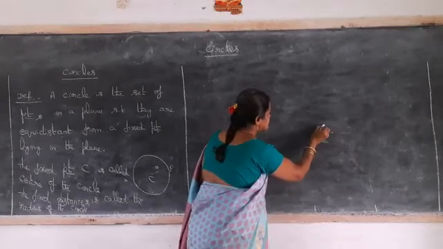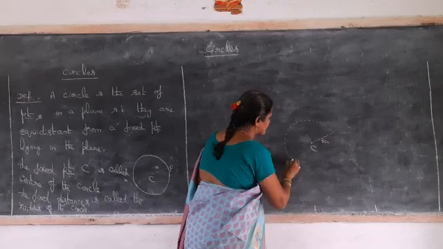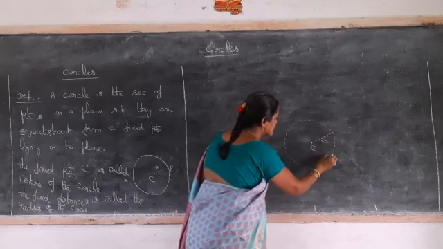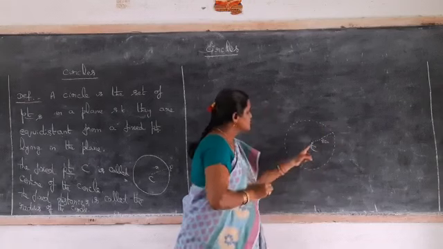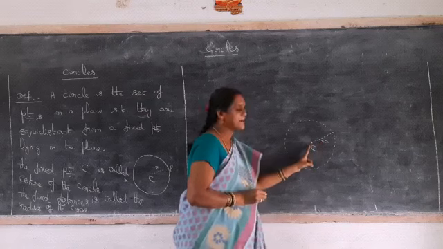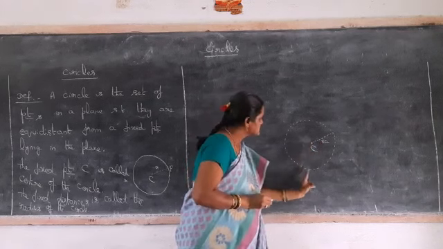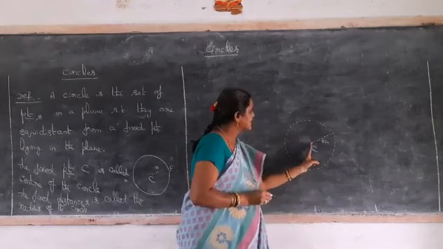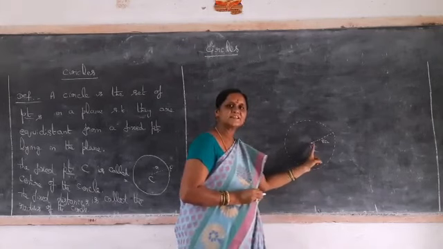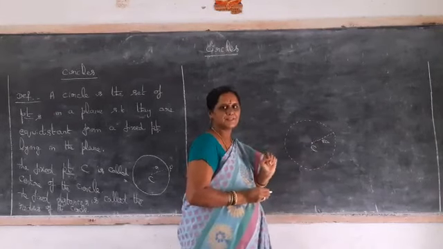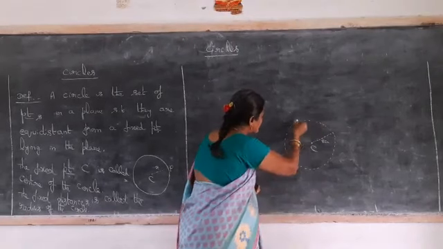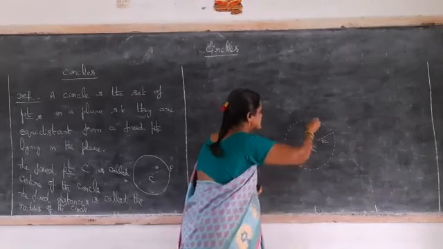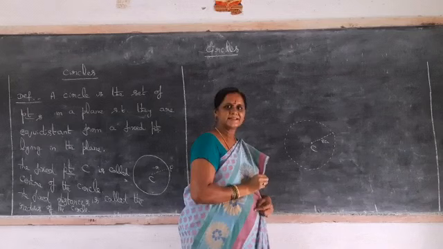Likewise, I consider the points. So, all these points are 5 centimeter distance from capital C. ఈ పాయింట్స్ అన్నీ కూడా ఎలా ఉంటాయి అంటే క్యాపిటల్ సి నుండి 5 centimeters distance లో ఉన్నాయి. That is, the set of these points is called the circle.